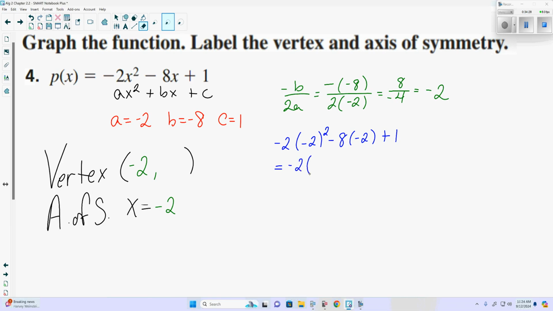Negative 2 times negative 2 is 4. Negative 8 times negative 2 is going to be plus 16, plus 1. Negative 2 times 4 would be negative 8. 16 and 1 is 17. That tells us the y value is 9.